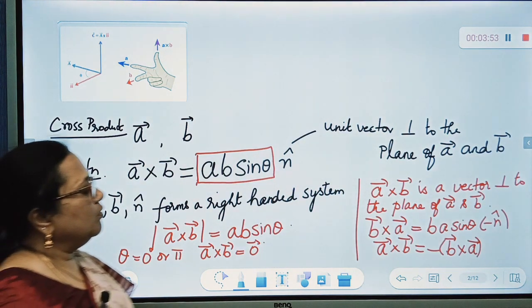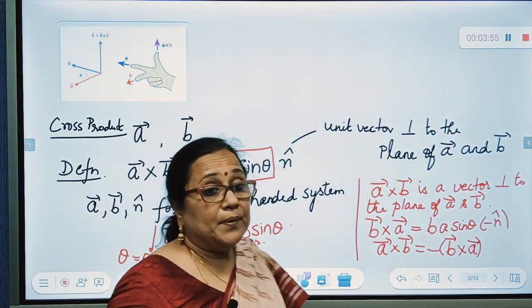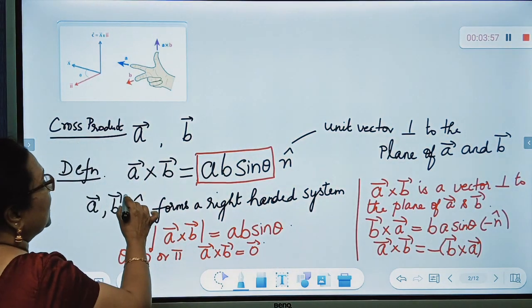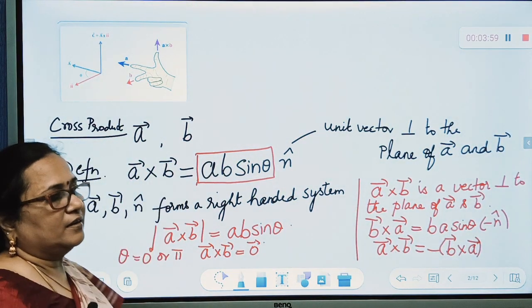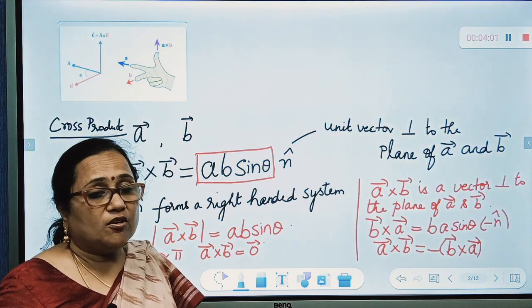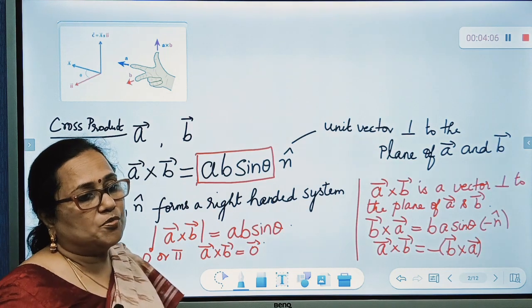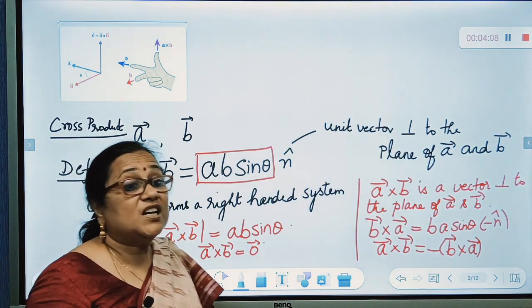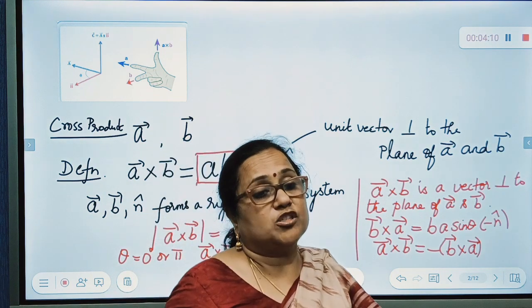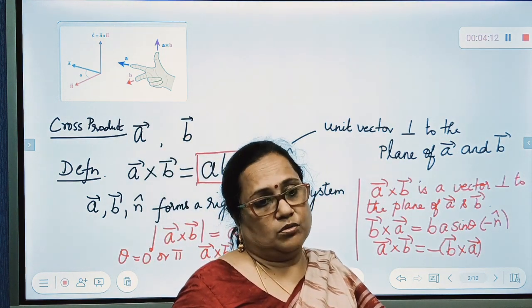Now, what will happen if A vector is parallel to B vector? Then what do you think of the angle between A vector and B vector? It will be 0. Therefore, the cross product is 0. So, if two vectors are parallel, their cross product is 0.